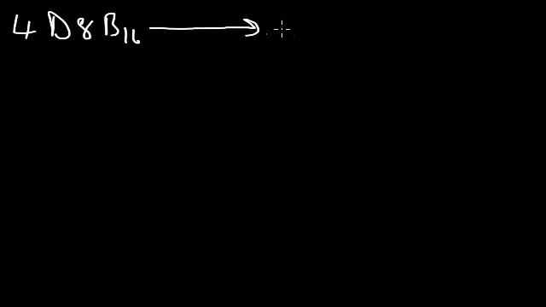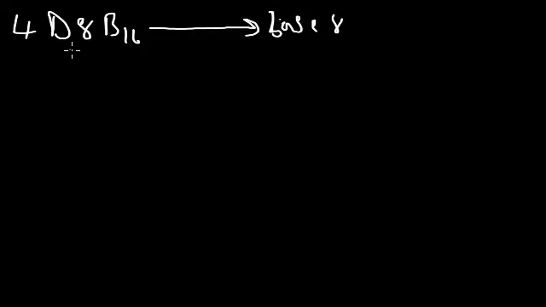So how can we convert 4D8B in base 16 to a number in base 8, an octal number? Just like before, let's convert the number in base 16 to base 2. However, we are having letters. If you don't know what they mean, I'm going to show you anyway.